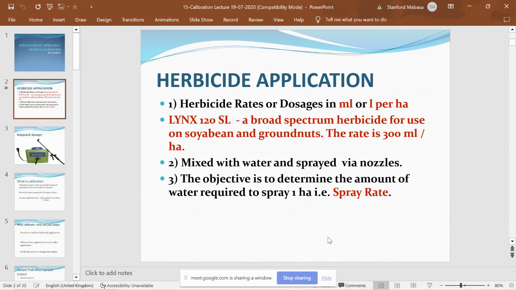For herbicide application, you may find that the herbicide rates or dosages are in mils or liters per hectare. For example, Lynx 120 SR, you now know what SR means.